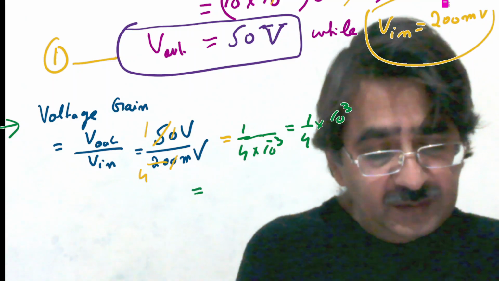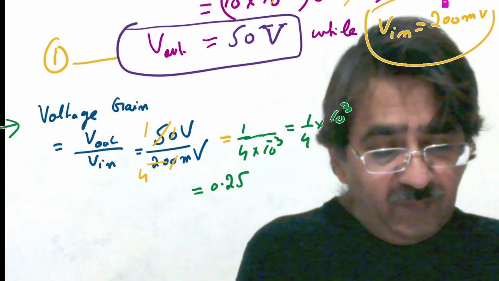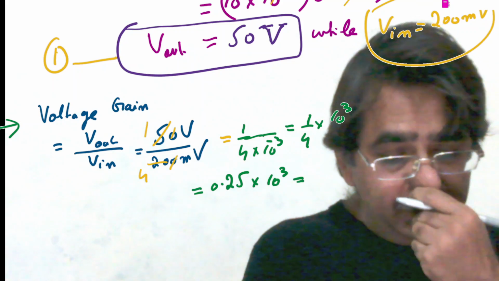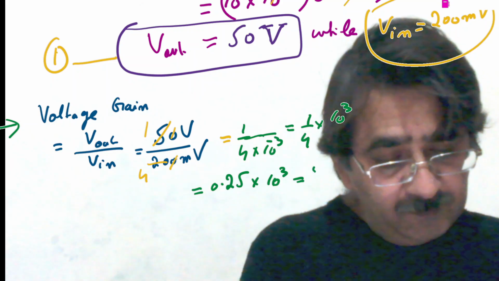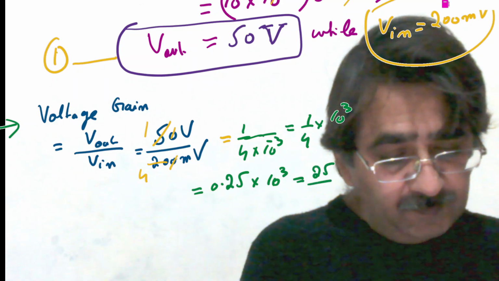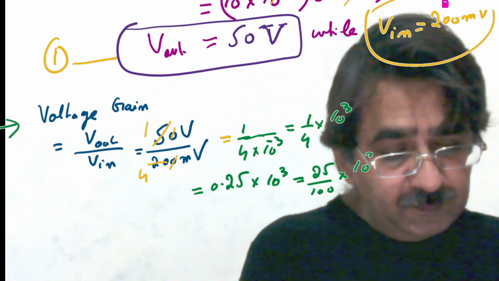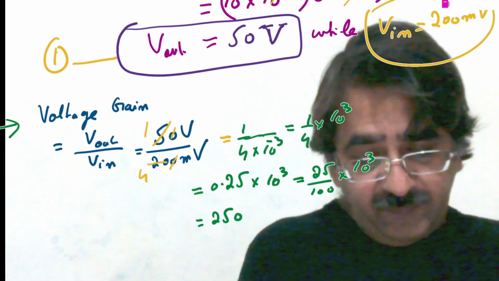You may say that 1 by 4 is equal to 0.25 times 10 raised to power 3, or you may say that it will be 250.